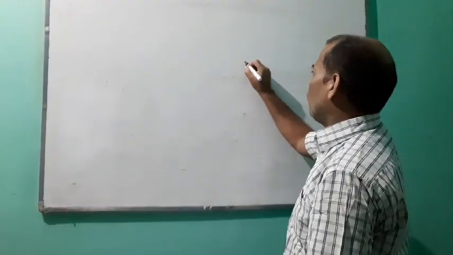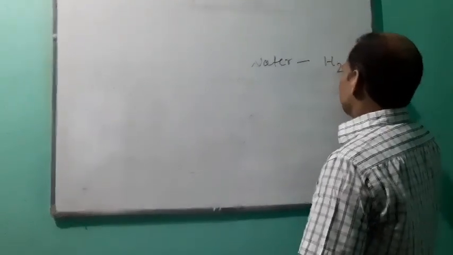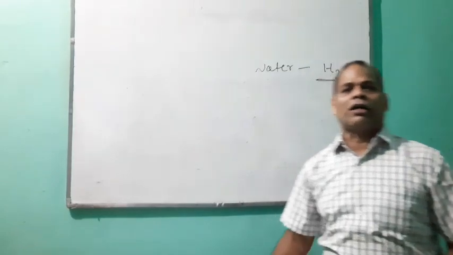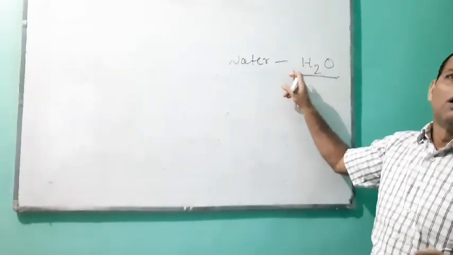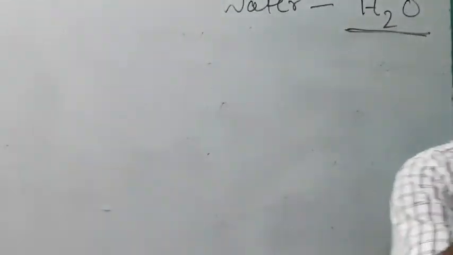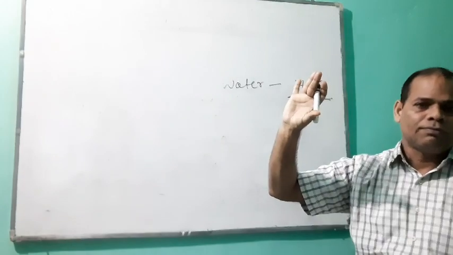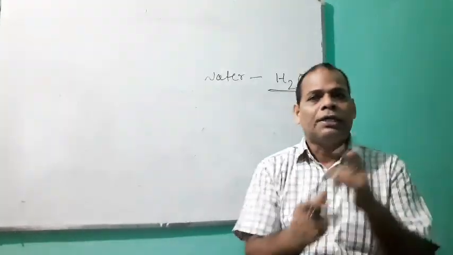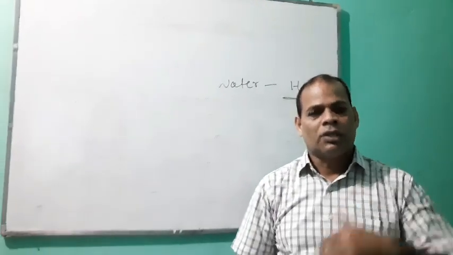For example, when we write the chemical formula of water, H2O, those who have basic knowledge of chemistry can understand that H2O represents the name of the substance, that is water. So the first significance: it represents the name of the substance.